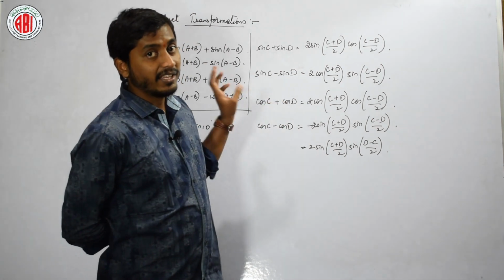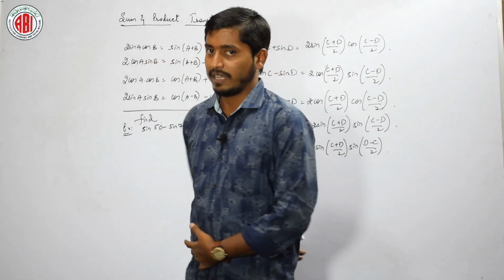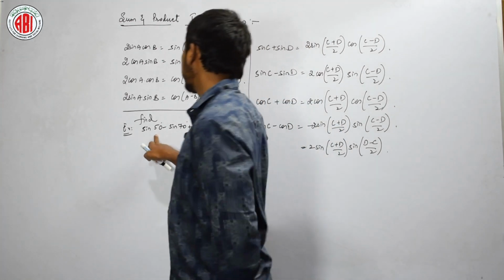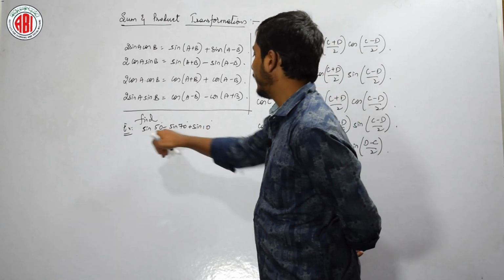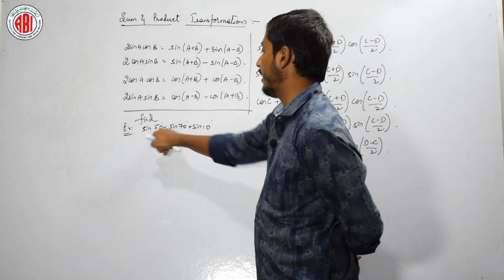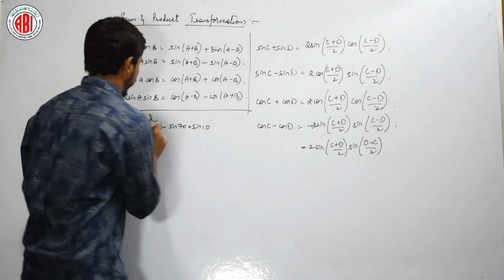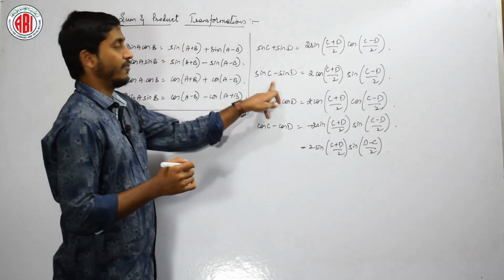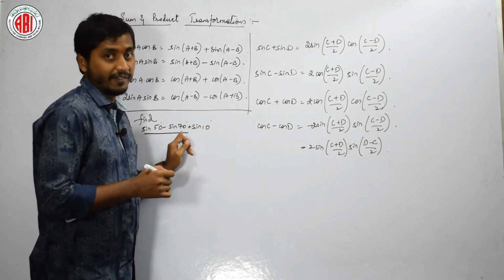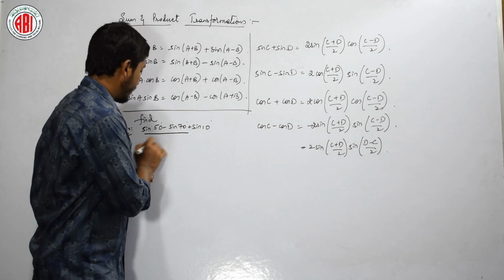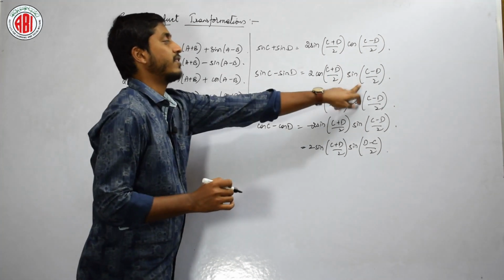By the next session, we expect you to remember this kind of formulae, right. Let us have one example on that, that is sin 50 minus sin 70 plus sin 10, right. Let me use sin c minus sin d for this, okay. This sin 50 minus sin 70 is in the form of this formula. What is c here? c is 50, d is 70, isn't it? If we substitute, it will become 2 cos of (c plus d) by 2 sin of (c minus d) by 2.